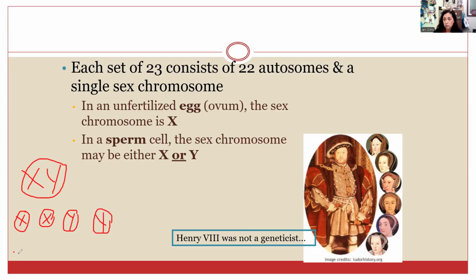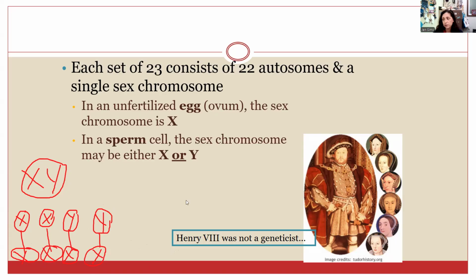Now, these are going to randomly join up with eggs, which already have X's in them. So this could be XX, this could be XX, this could be XY, this kid could be XY. So do you see where I'm going with this?